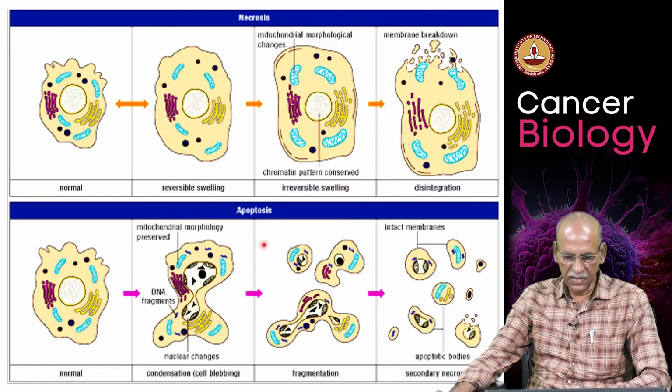So, you can see that what I just told you, in apoptosis you do see DNA fragments and all that, but you see the intact organelles, apoptotic bodies, right, intact. The membrane is not totally disrupted in the initial stages. Whereas, here you will see the membrane is broken down and the cellular content is almost vomited out.